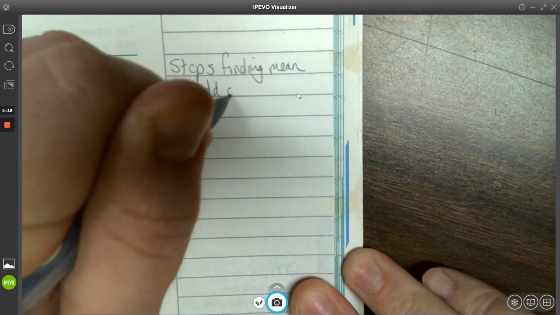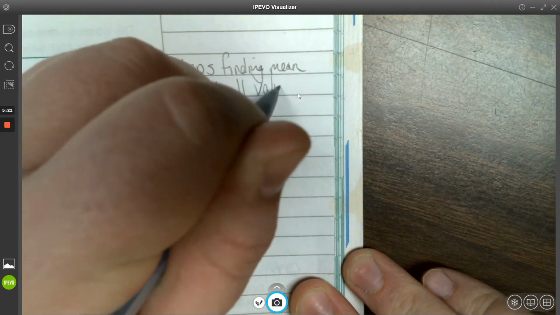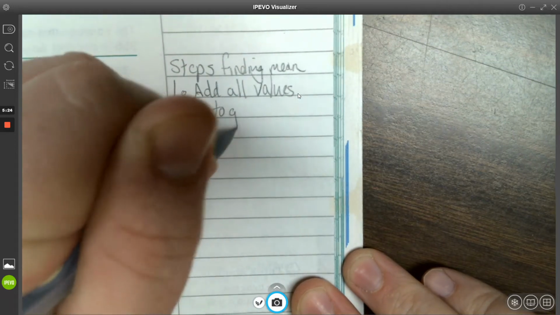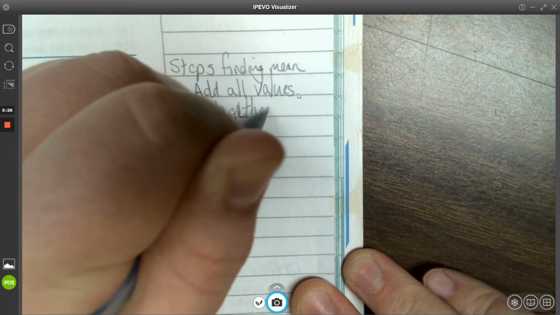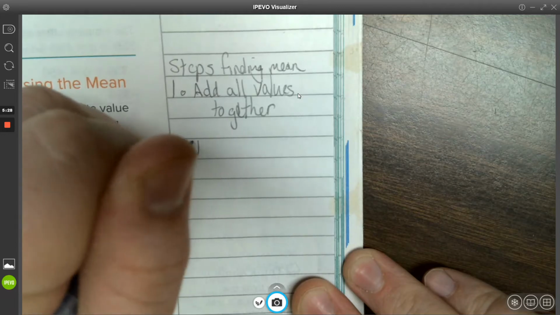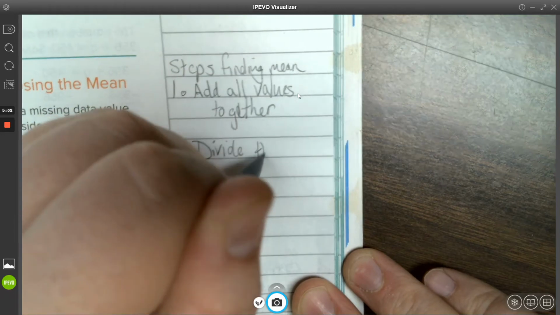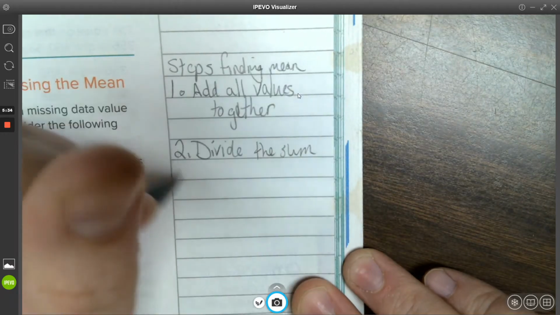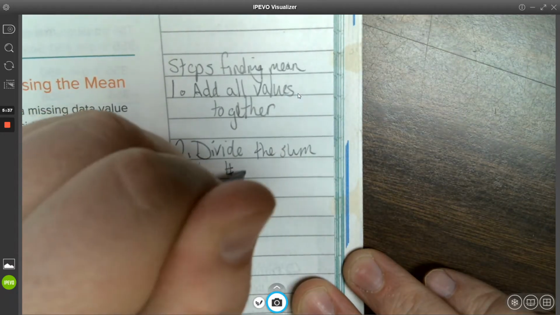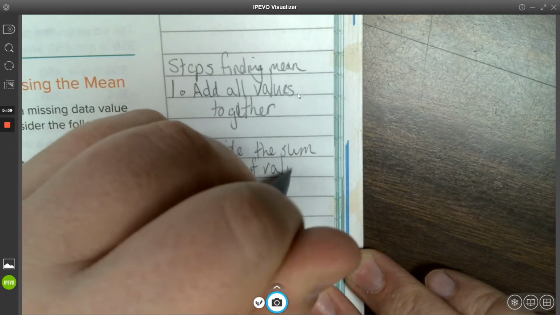Add all values together. Second step is to divide the sum by the number of values.